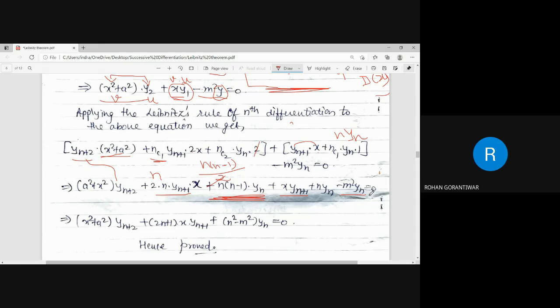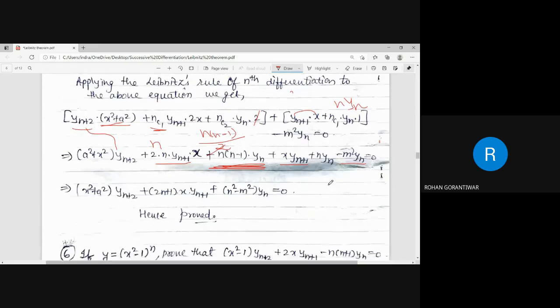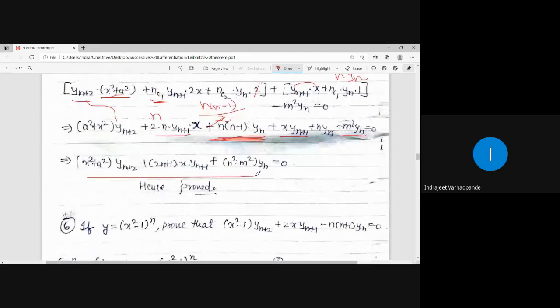Collect the terms, you get the result. How will you expand n into n minus 1? n square yn minus n yn. I think n yn will cancel. So what remains is n square minus m square into yn.